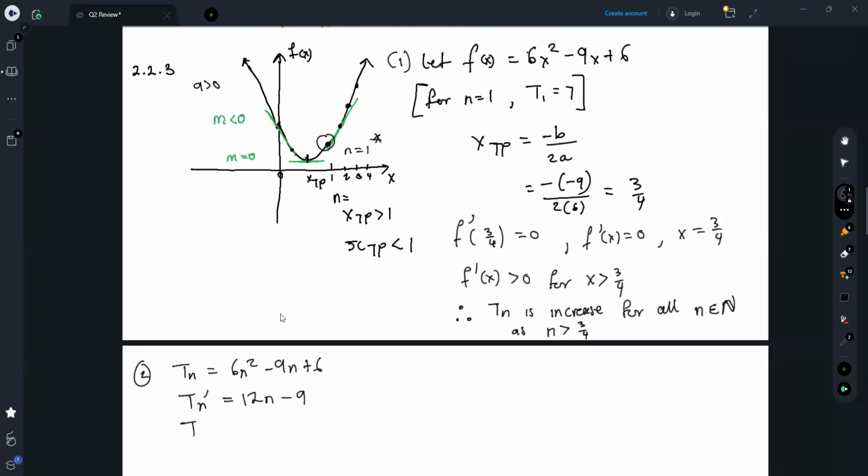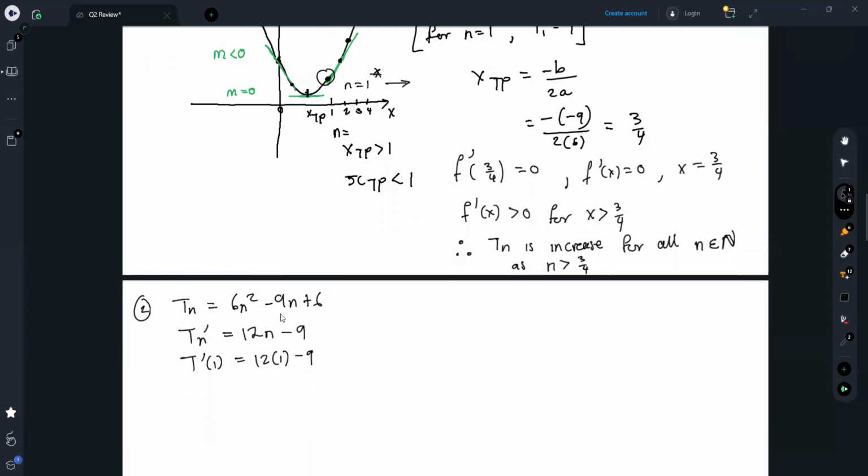So if I find that the gradient is positive for n equals 1, then going forward it must remain that way, because it won't change anymore. Okay, so now we're going to test. When n is 1, what is the value there? And we find that the gradient is positive.